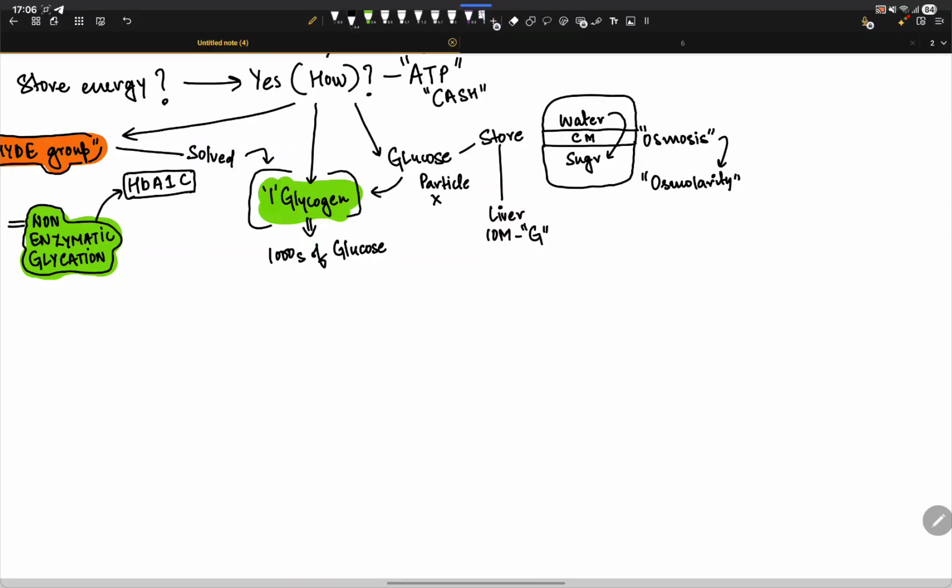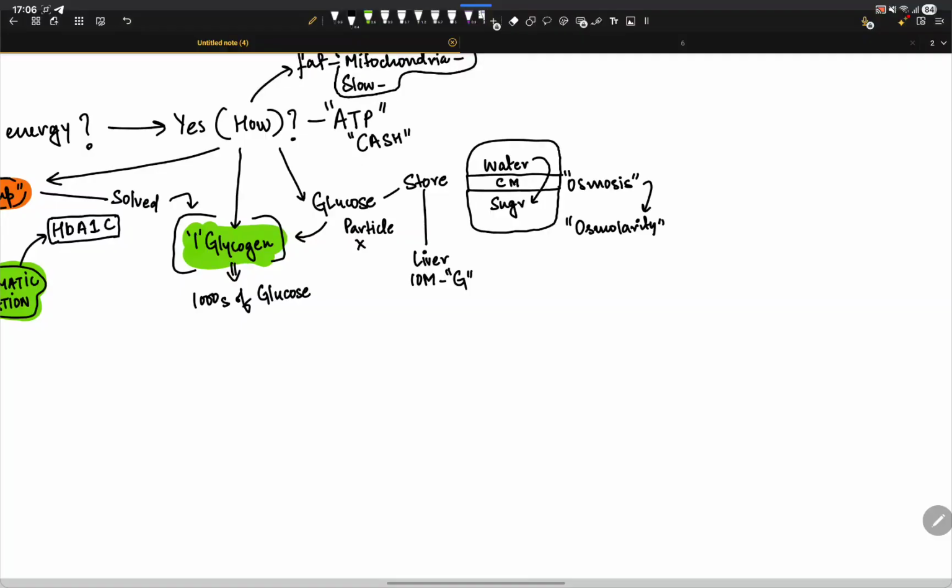So think about it. You have a wallet, right? That's your ATP. You have a checking account and you have a savings account. ATP is the cash in hand. Glycogen is the checking account. You can access this checking account fast. You can just go to an ATM and take some cash out. Fat is that savings account that you don't want to touch, because you know you'll get much better return if you keep it in fat.